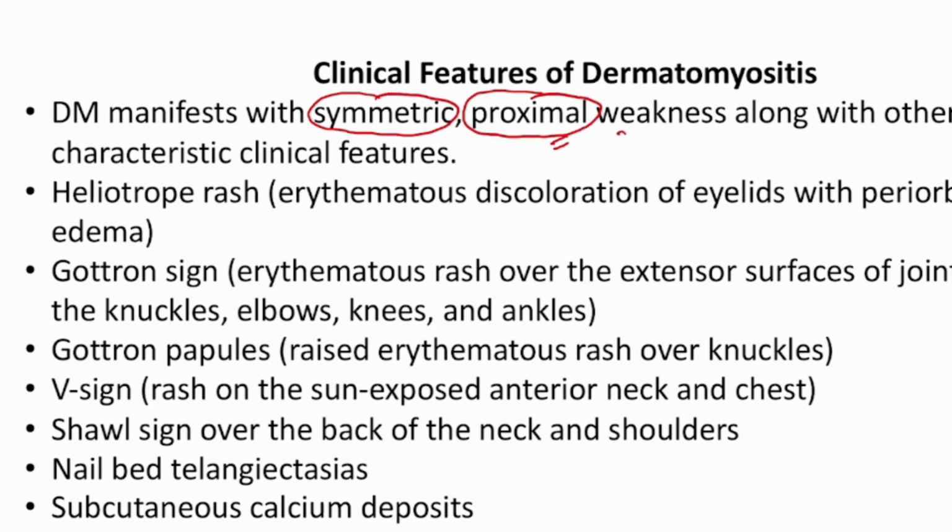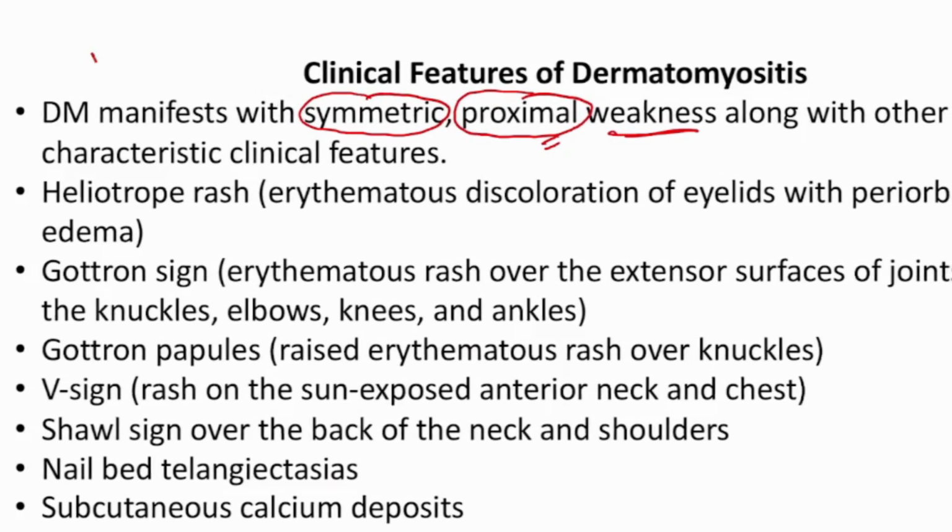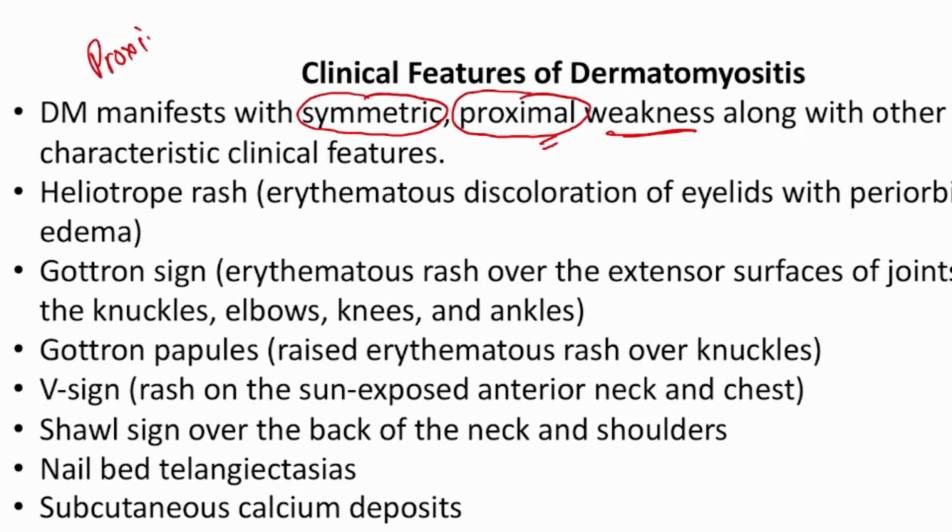Right. Proximal weakness, not myopathy. It is myositis. Proximal weakness. Proximal muscles are involved. Proximal means muscles of the shoulder girdle and hip girdle are involved. Proximal, big muscles are involved first of all.